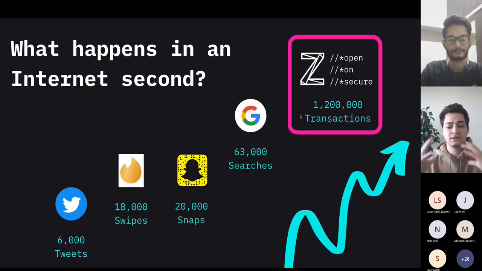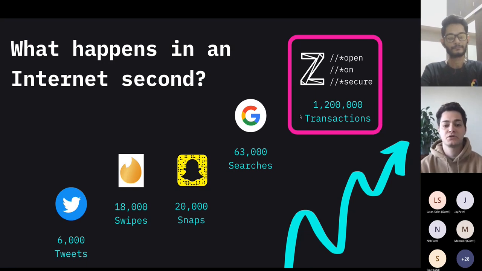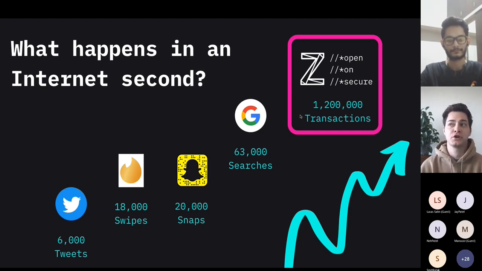So to take a step back and look at the big picture here, every second on the internet, we see 6,000 tweets. We see 18,000 swipes on Tinder, 20,000 Snapchats, and 63,000 Google searches, which is a lot of data being exchanged. But at the same time, while all that is happening, in one second, there are 1.2 million transactions occurring on IBM Z machines, which is pretty mind-boggling.